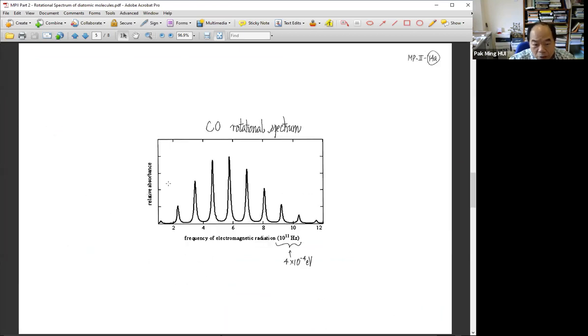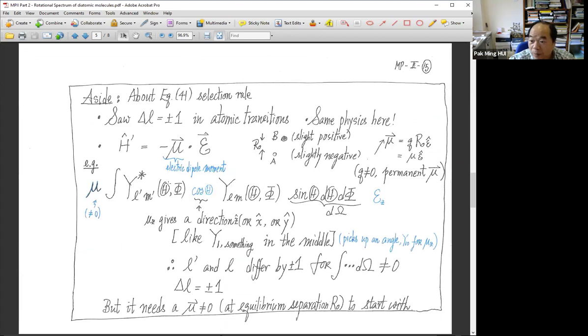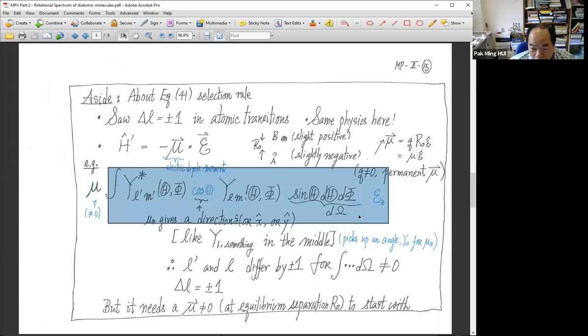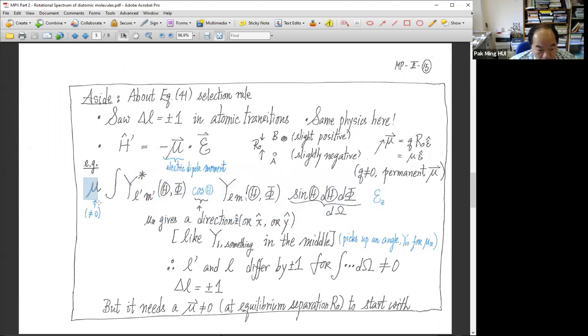And we are only playing with this series, and there is a selection rule. The selection rule has to do with delta L equals plus or minus 1, but under one important condition. The condition is we need to have a permanent dipole moment to start with, because if the molecule doesn't carry a permanent electric dipole moment, the whole thing will be zero anyway, okay?